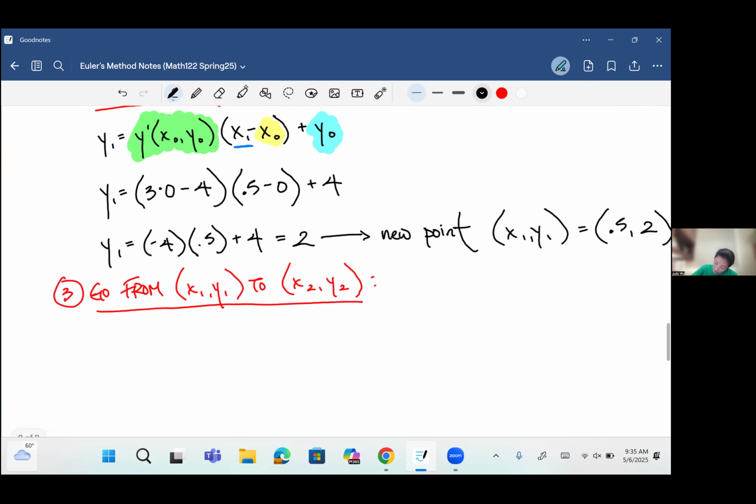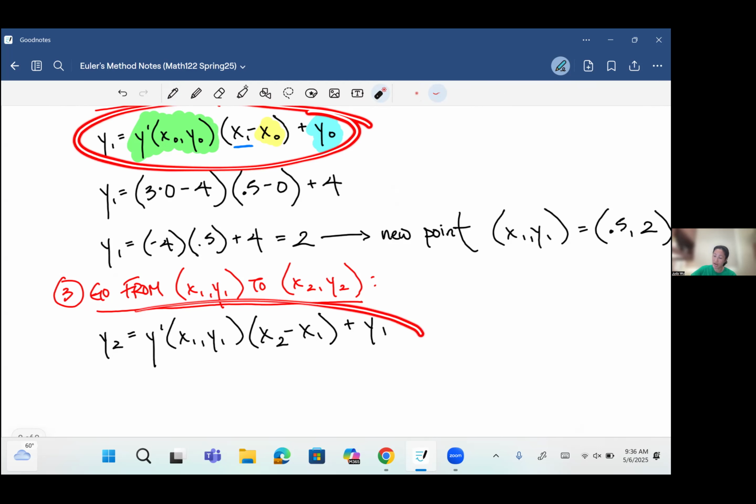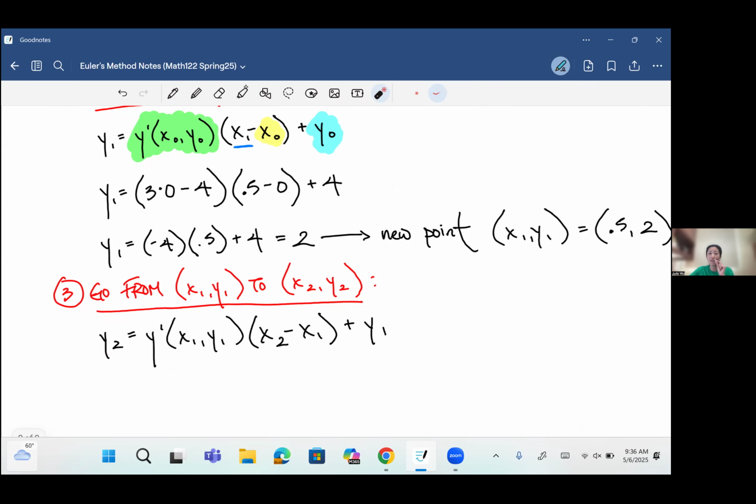So that is going to look like y2 equals y prime of x1, y1 times x2 minus x1 plus y1. All right, so I've kind of left this one up here on purpose so we can see them side by side, right? Where we've changed the numbers. Everywhere there was 0, now we're changing those to 1. Everywhere there was a 1, now we're changing that to a 2 because we're just moving 1 over. Okay?